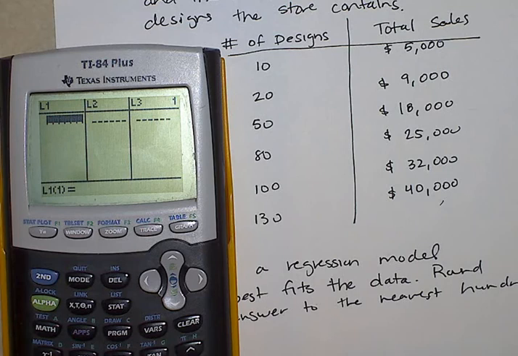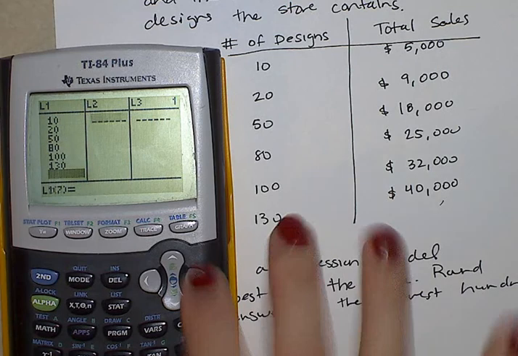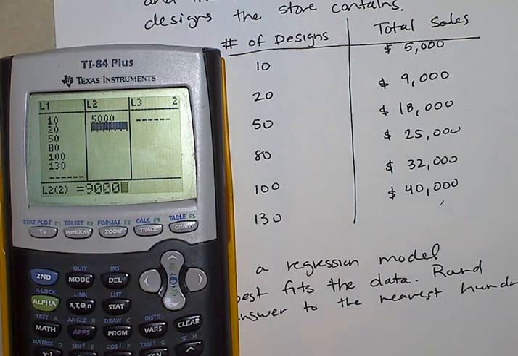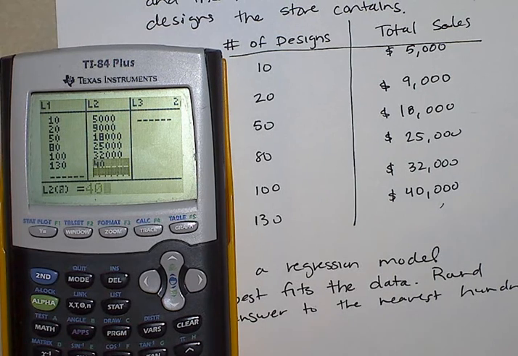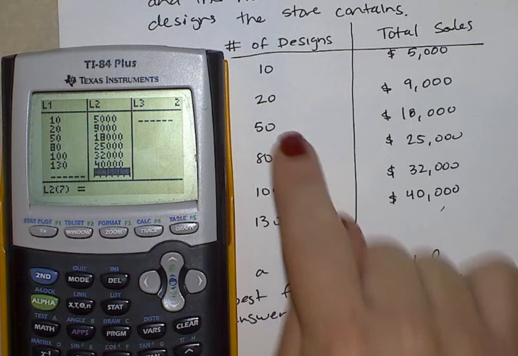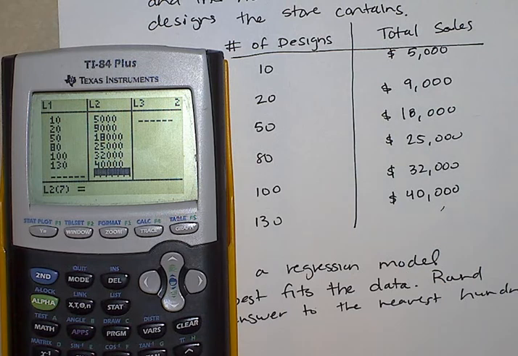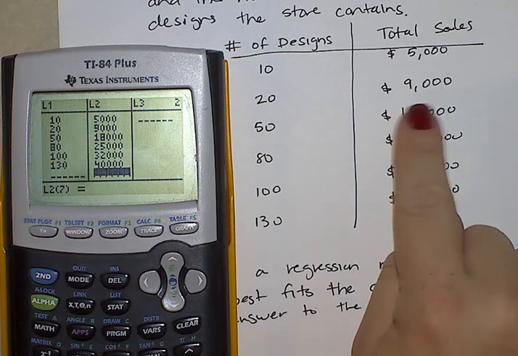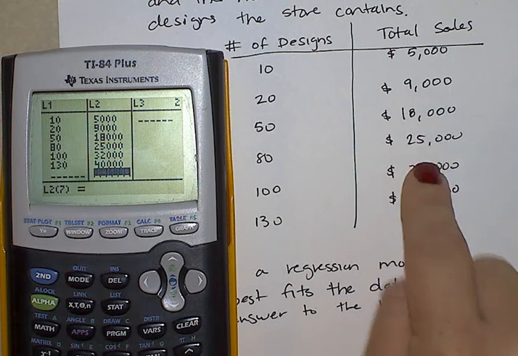So please plug in the numbers from the table. $10, $20, $50, $5,000, $9,000, $18,000, $25,000, $32,000, and $40,000.